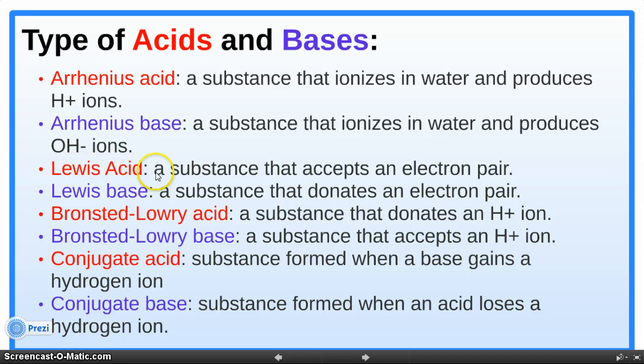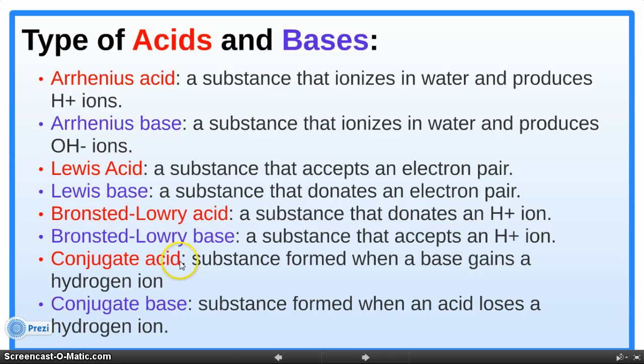Lewis acids are substances that accept an electron pair, while a Lewis base is the opposite and donates an electron pair. Bronsted-Lowry acids are substances that donate an H+ ion, while a Bronsted-Lowry base is a substance that accepts an H+ ion.